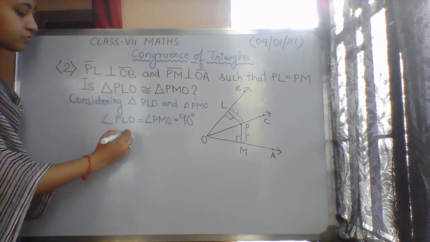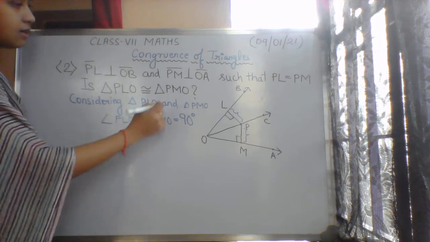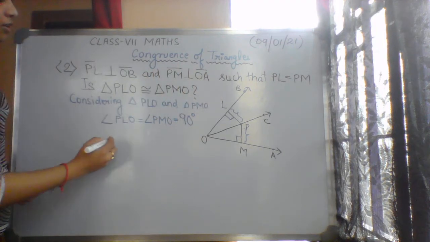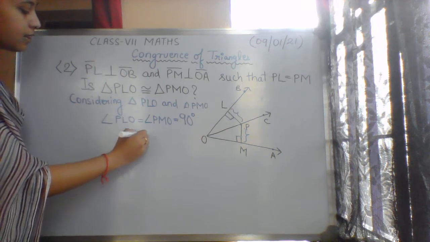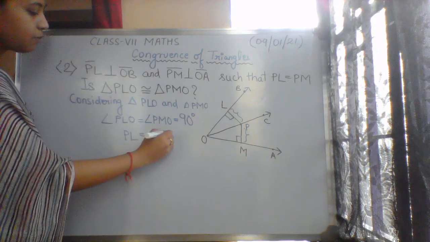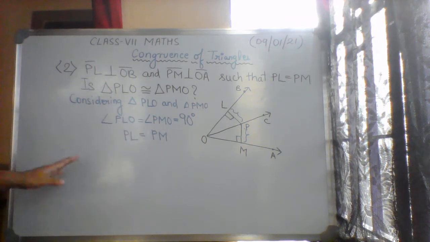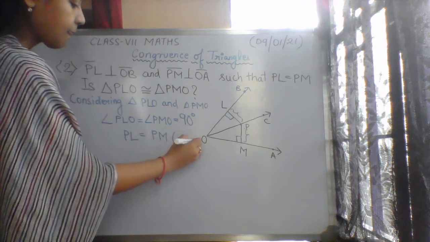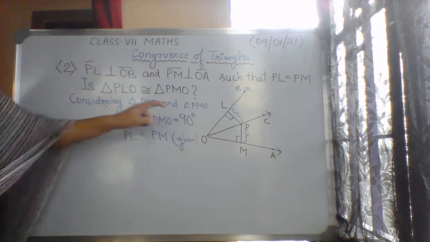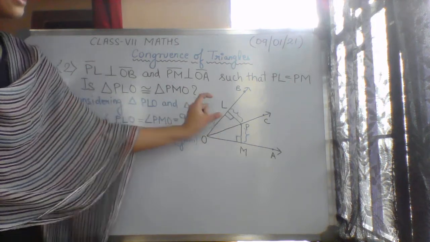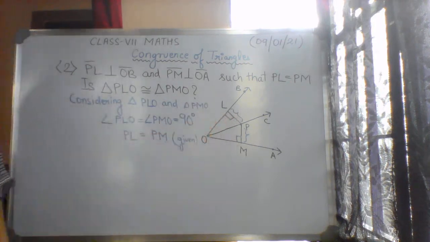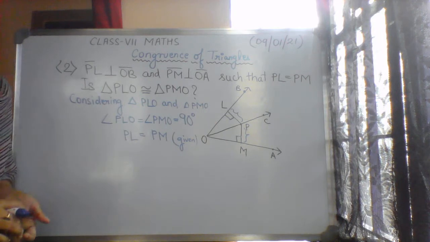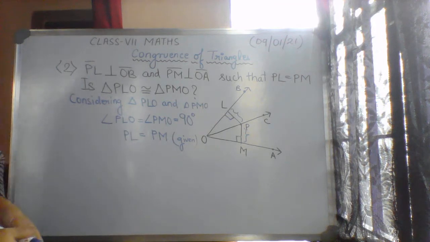Now, you can see another thing given in the question: PL equals PM. Because this is given in the question, the length PL is equal to the length PM. Now what else can you see over here?